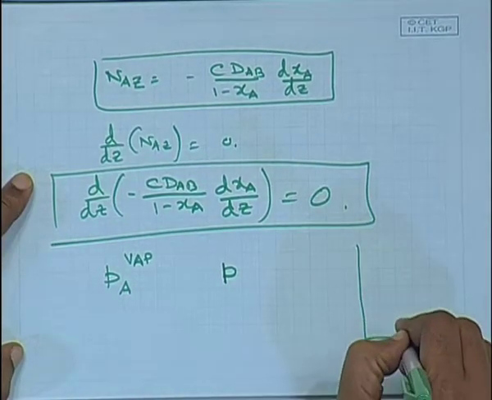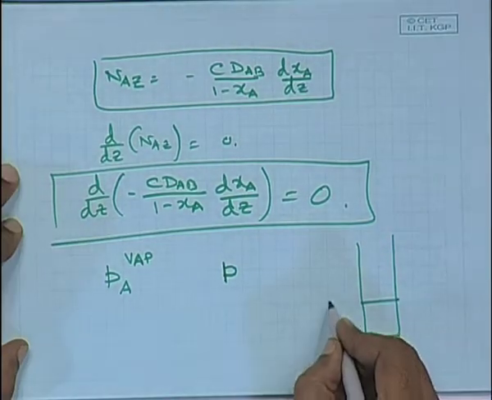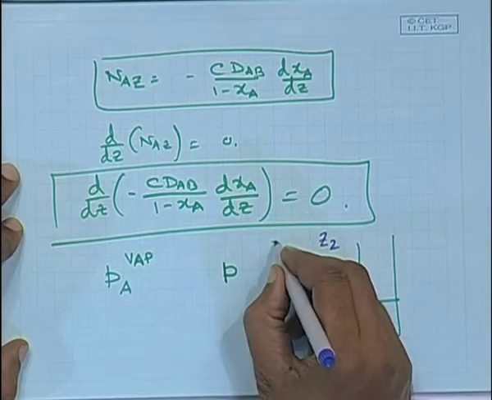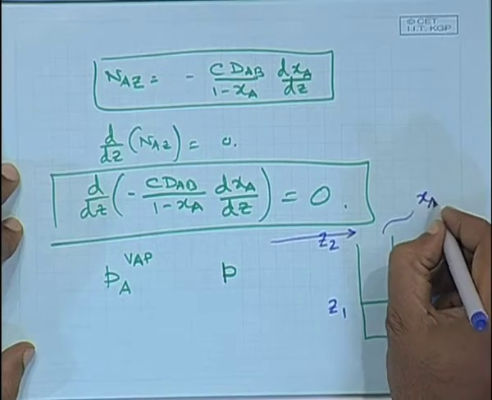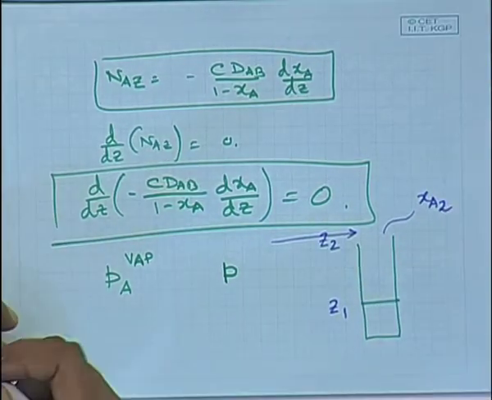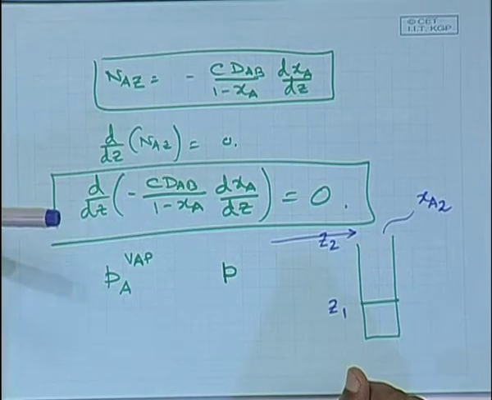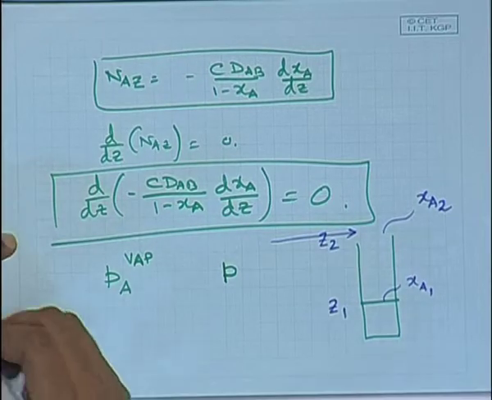Our system is like this. This location is at Z1 and this is at Z2. Suppose by the flow I maintain the mole fraction of A at the top as XA2. What is going to be XA1?